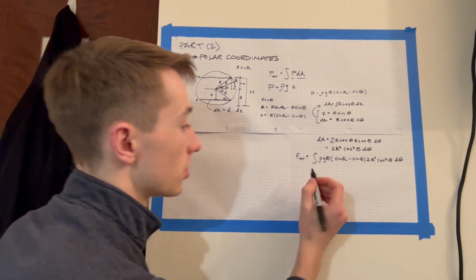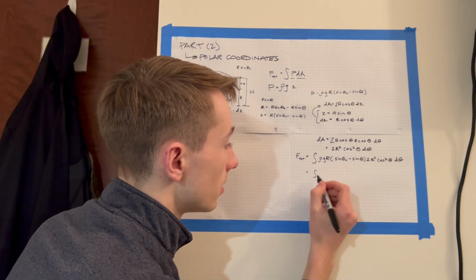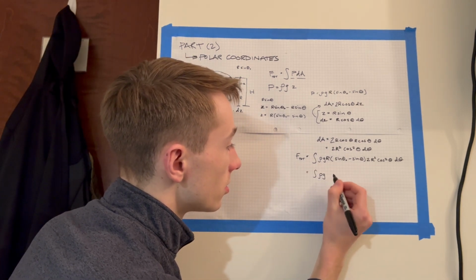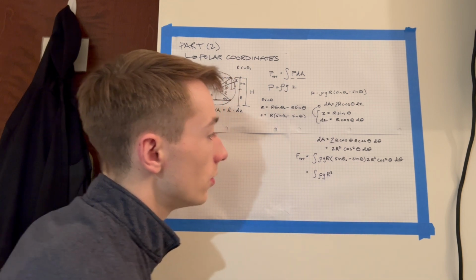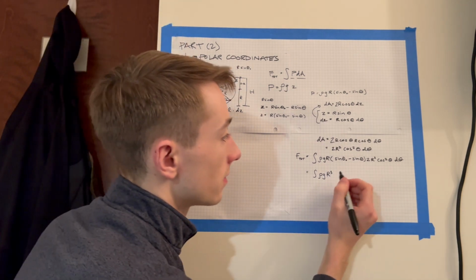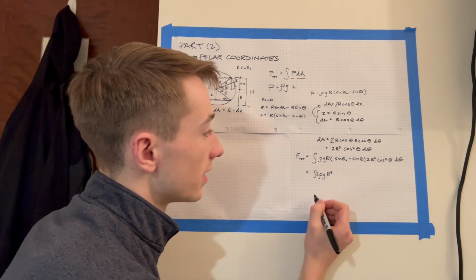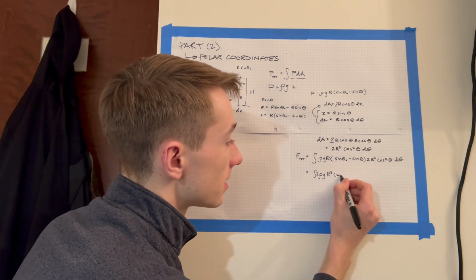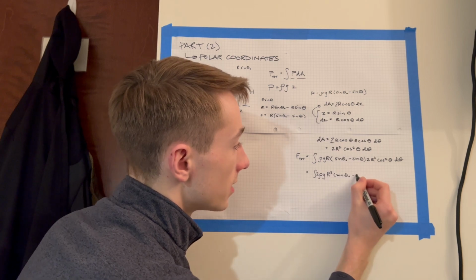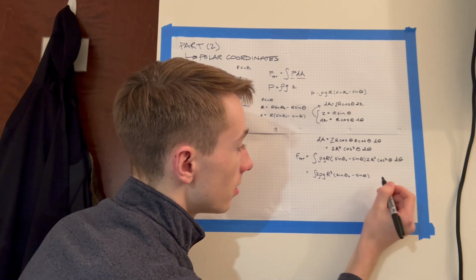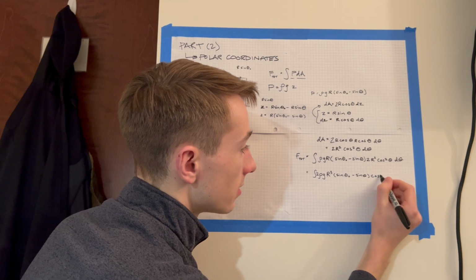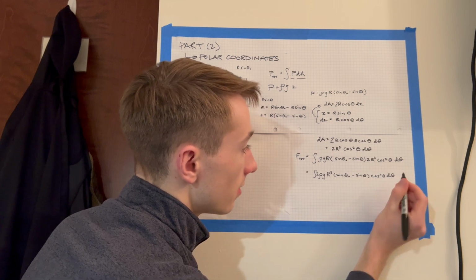We can make that expression a little simpler: rho g r cubed, and 2, always forget that 2, and then (sine theta naught minus sine theta) times cosine squared theta d theta.